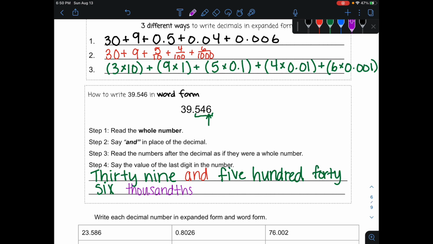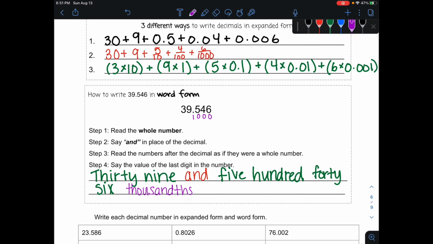All right, and one way to remember this, since sometimes it's hard, because sometimes you would just want to read it as 546 hundredths, but that's not the case. It's thousandths, okay? The way I remember is I pretend that there's a 1 right here, or something, and I just read it as thousandths, all right?